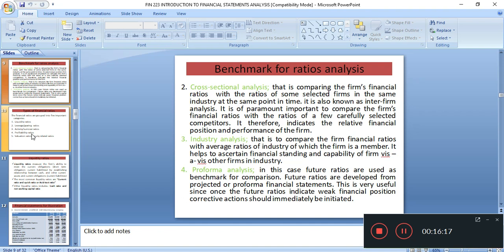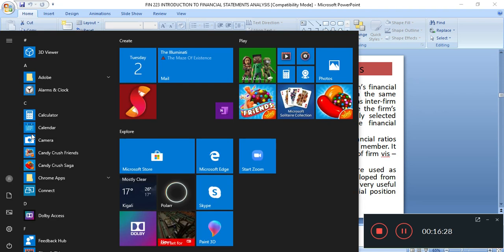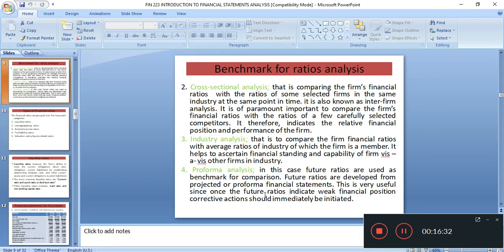This is very useful since when the future ratios indicate a weak financial position, corrective action should be taken.